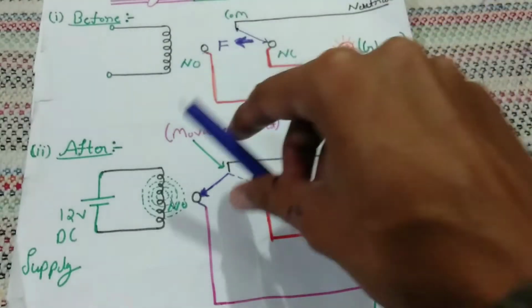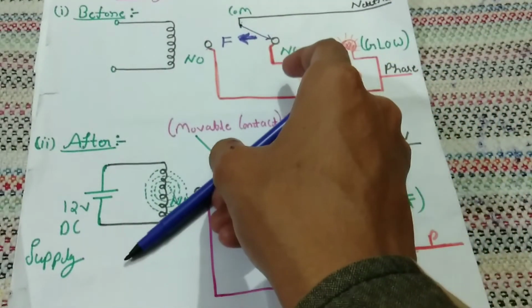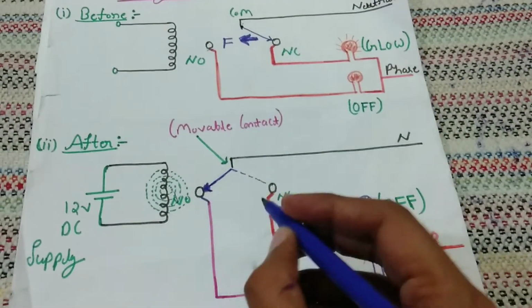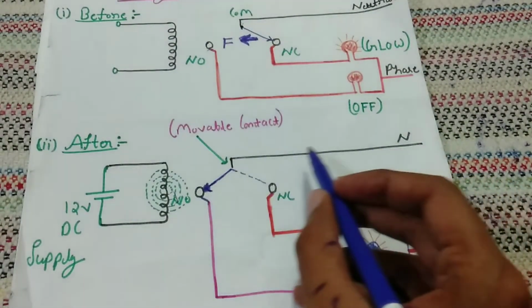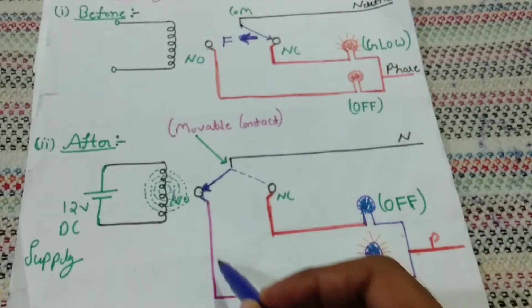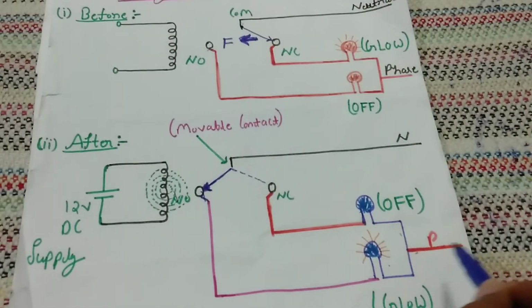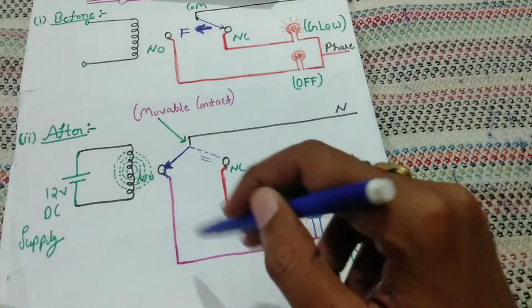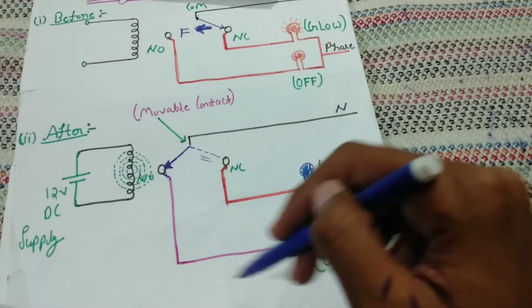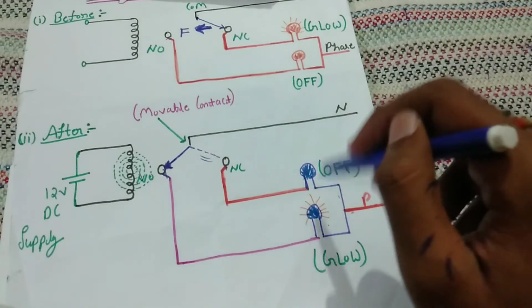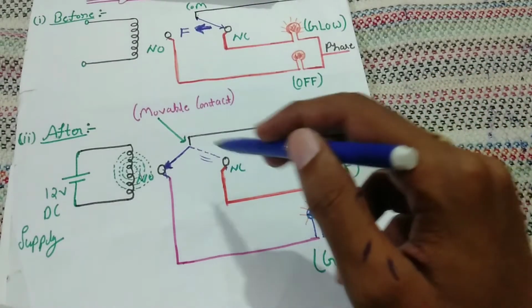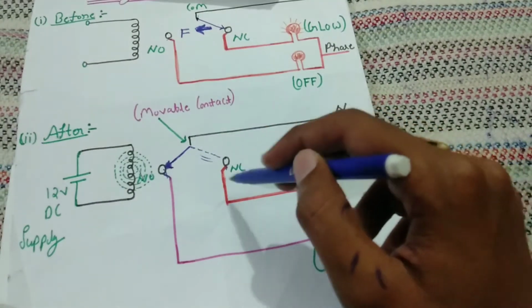That's why the pole gets shifted in this direction. This is the normally open contact. Now the path will complete like this. So this bulb turns on and will glow due to the complete path, and this bulb turns off and remains off due to the disconnection from the common terminal to the normally closed terminal.